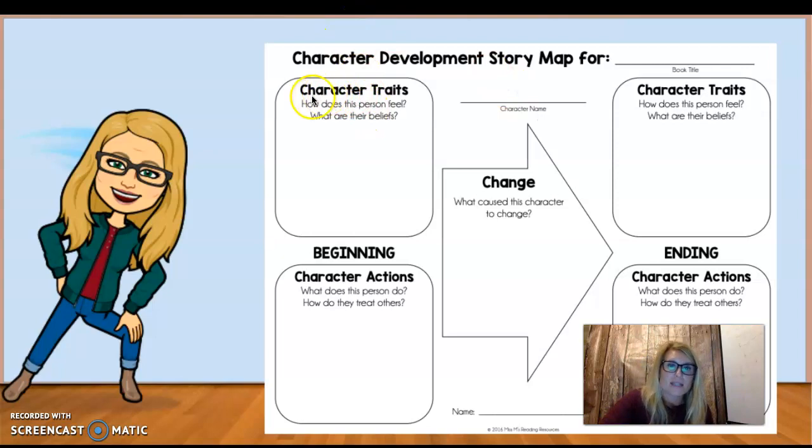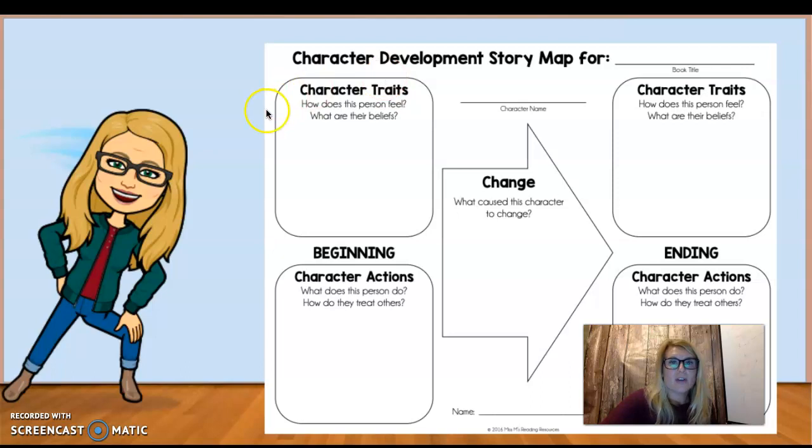The first box says character traits. When we say trait, we mean something about that person. So for example, a character trait might be somebody who's always sad or happy or funny or crabby or smart or kind or silly.